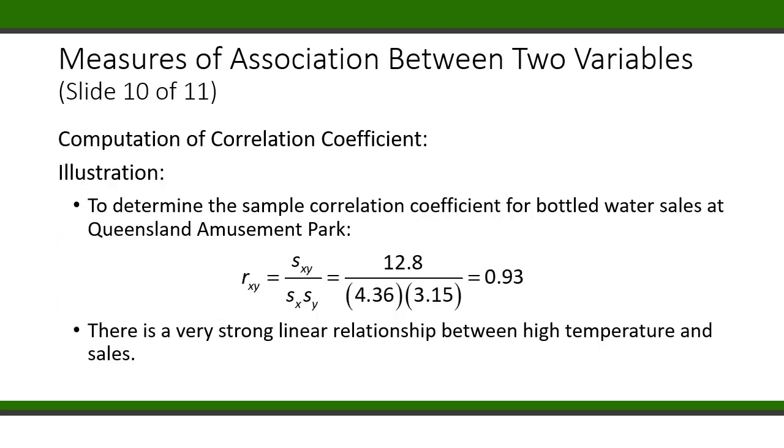So again, using the example from your book, if we want to calculate that correlation coefficient, we would need to know the standard deviation. We'd use 12.8 and then multiply the standard deviation of x times the standard deviation of y, and we'd get a correlation coefficient of 0.93, which is a strong relationship, which means that if you think of, let me see if I can draw a line for you.